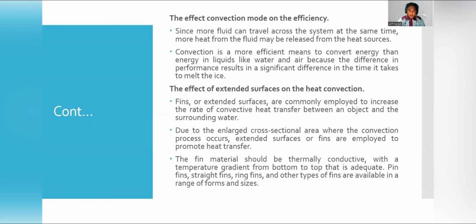Since more fluid can travel across the system at the same time, more heat may be released from the heat sources. Forced convection is a more efficient means of transferring energy in fluids like water and air, because the difference in performance results in a significant difference in the time it takes to melt the ice.